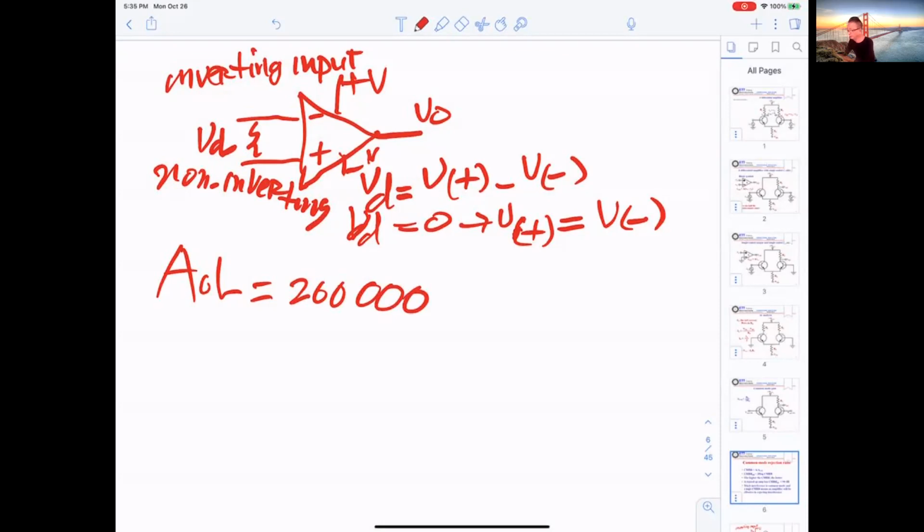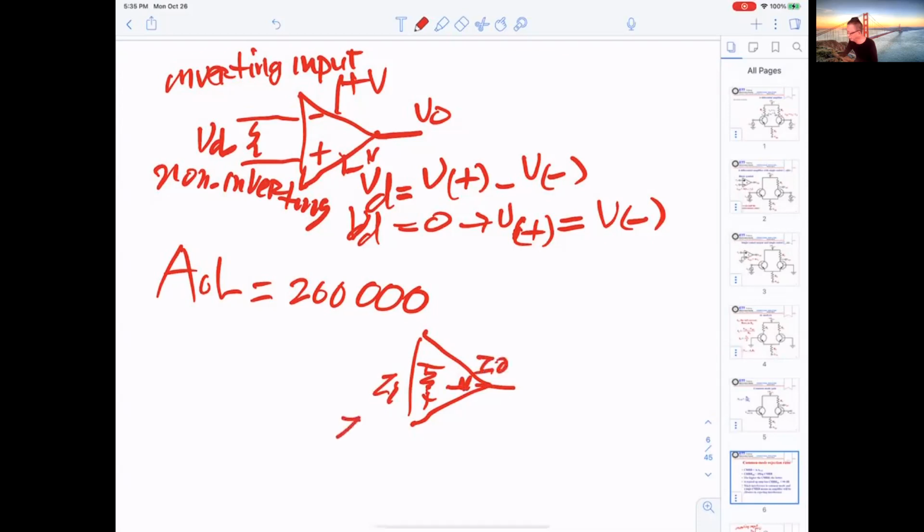Also, when we're talking about the op amp, we're talking about input impedance and output impedance. Okay, between the input and the output, you get a big resistance inside. They call it Z in. And when it's coming out, you get the one we call Z out.